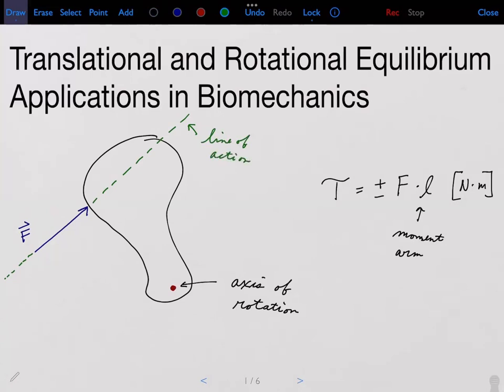So the moment arm is defined to be the perpendicular distance from the line of action of the force to the axis of rotation. So notice here, if I go to the axis of rotation, there's many different distances to that line of action, right? So all these are distances to that line of action, but I want the one that's perpendicular. Basically, I want the smallest distance to that line of action from the axis of rotation. I want the perpendicular one.